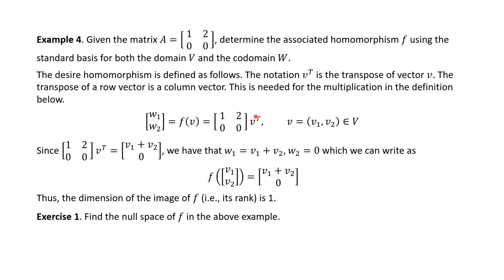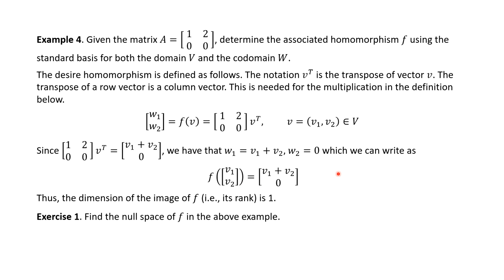I did V transpose because I defined the vector as a row vector. When you multiply that out, you get that (V1, V2) gets mapped to (V1 + V2, 0). And in function form, we can write it like this, which you can see is just of dimension 1.